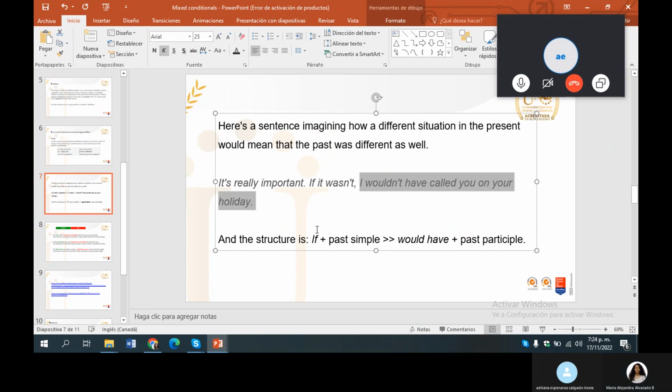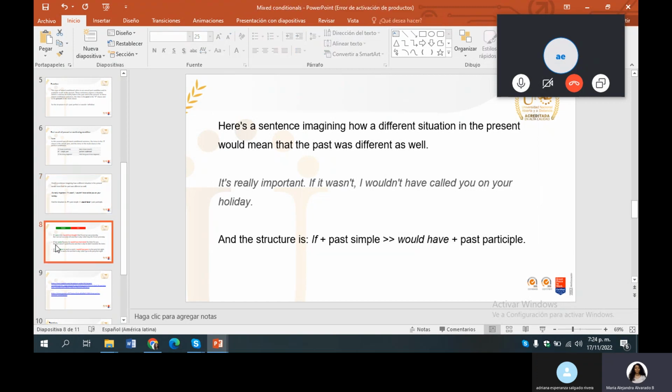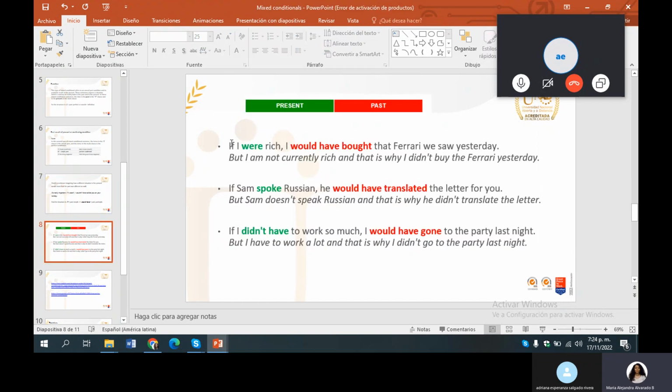So the structure is: we have if, we have past simple, and we have would have and past participle, okay? Let's see.